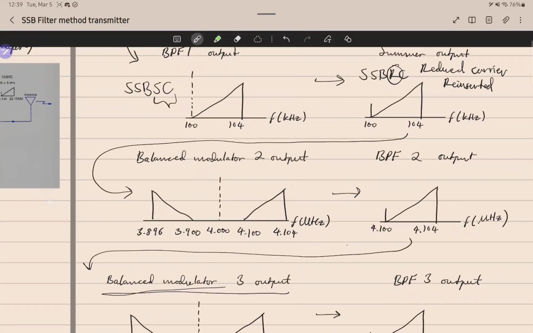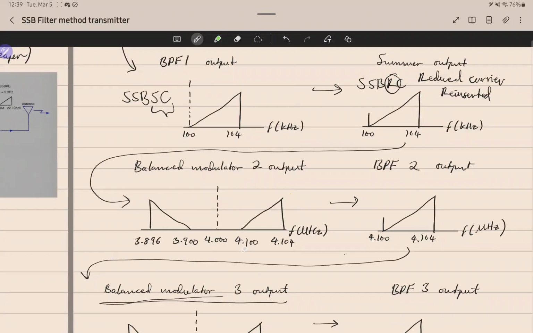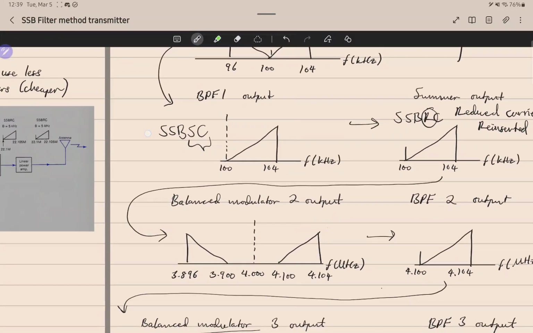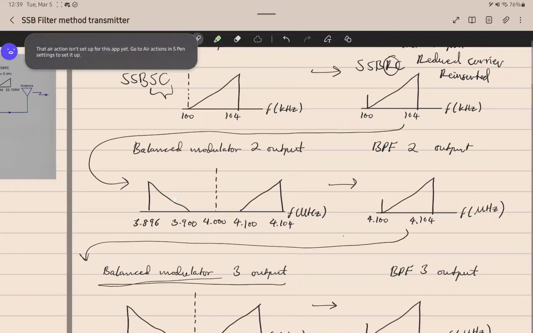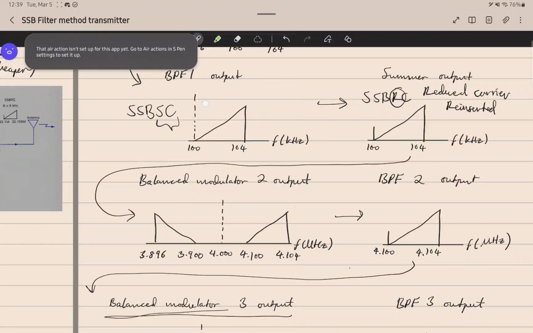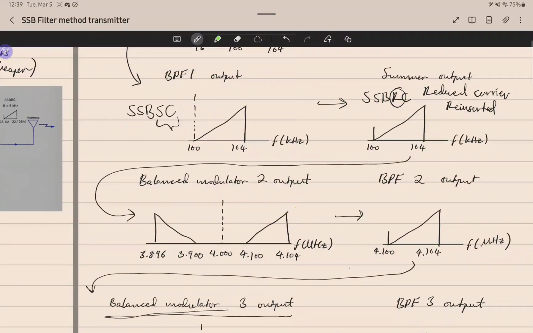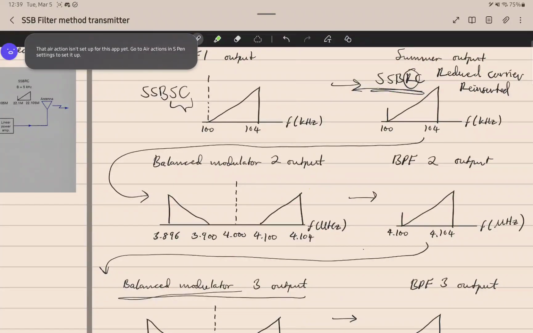So it's just the same math. 100 kilohertz plus 4 megahertz, so that's 4.1, and 0 plus 4 megahertz, so that's where you get this gap here. Again, bandpass filter to output, you remove this, right? But you don't actually include this thing here. Why? It's because your output signal at BPF2 is already SSBRC.